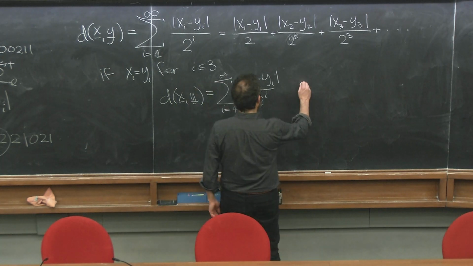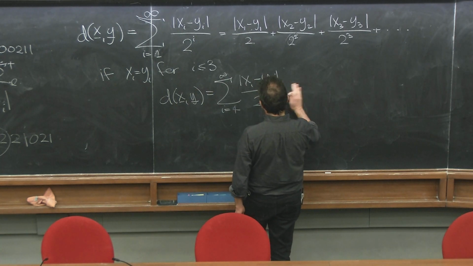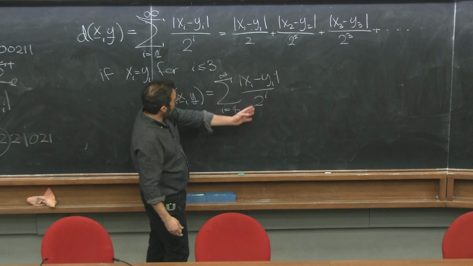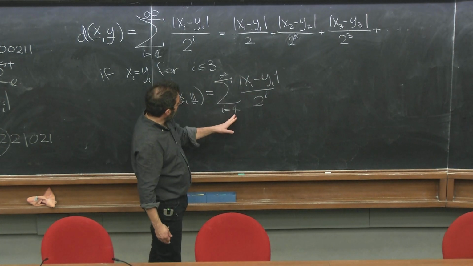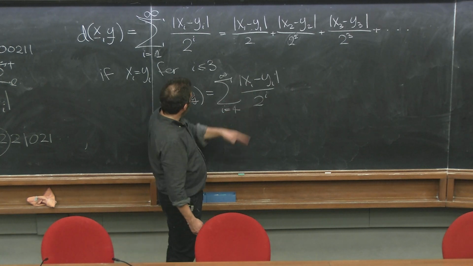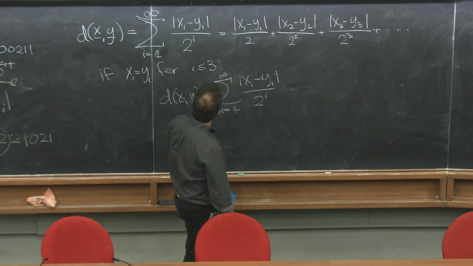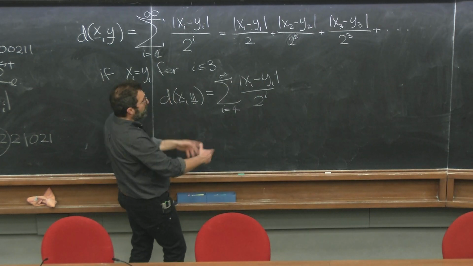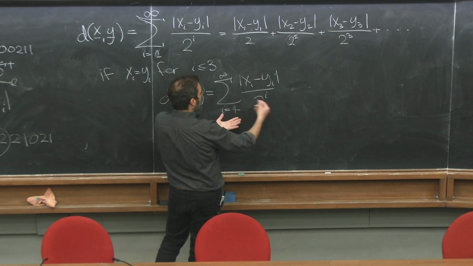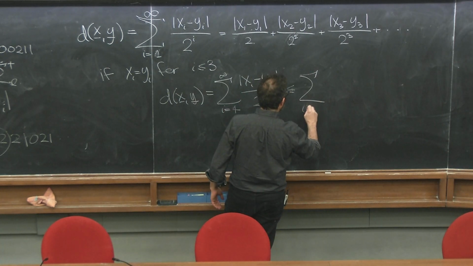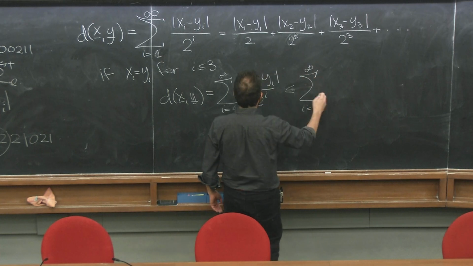So this, of course, is less than or equal to something relatively small, from 4. And so the more terms that you have equal to 0, the tail of the sum will be uniformly bounded by this. I guess we can write this as less than or equal to the sum from i equals 4 to infinity of this.